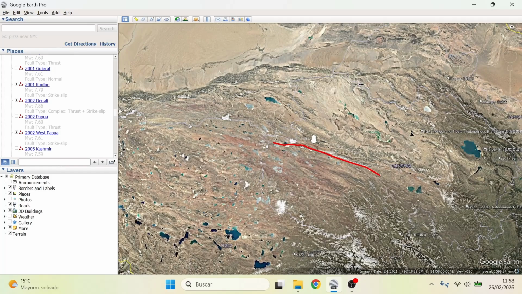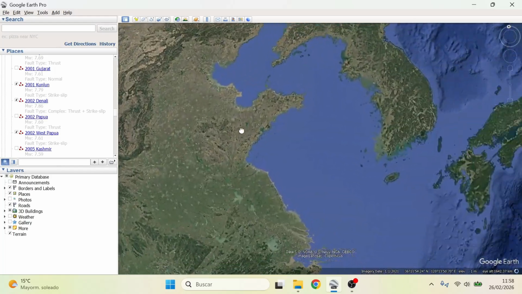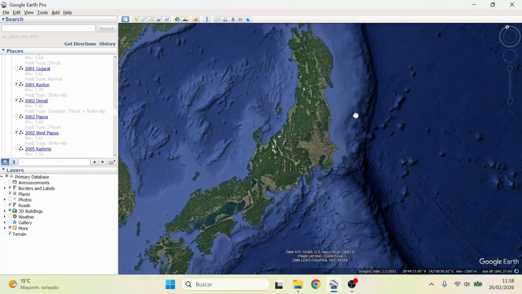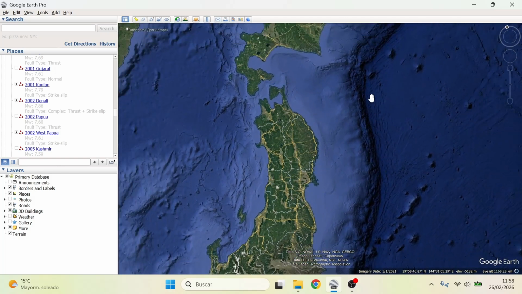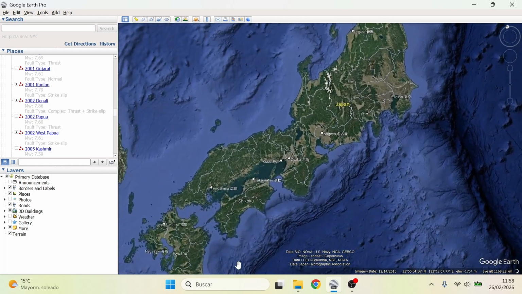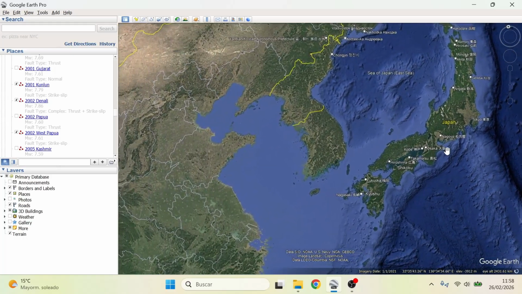And there are many types of these earthquakes, and you have here the subduction zones, for example, here in Japan, as everyone should know, there's a subduction zone, which is the Japanese megathrust. There's also here the Nankai thrust, and this is a type of fault line.